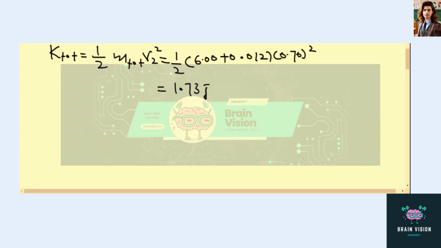From the conservation of energy, this kinetic energy is converted into gravitational potential energy after the collision, lifting the pendulum a height h above its original position. Therefore, gravitational potential energy is equal to total kinetic energy, which is 1.73 joule. Now we can find the height. Gravitational potential energy is equal to m times g times h.